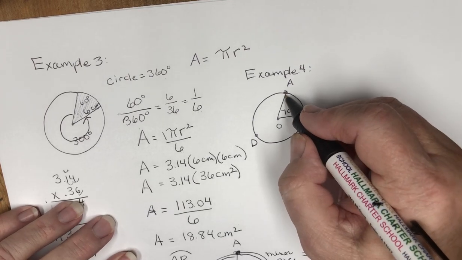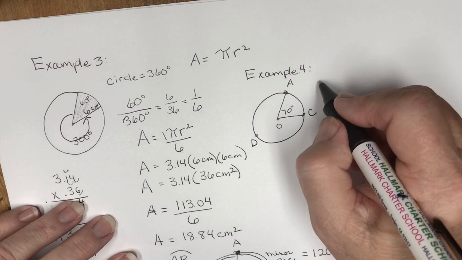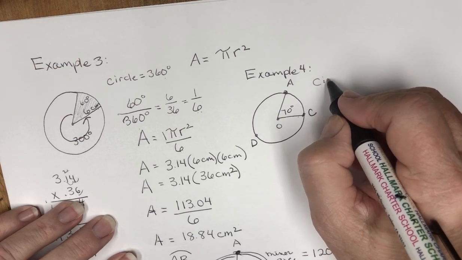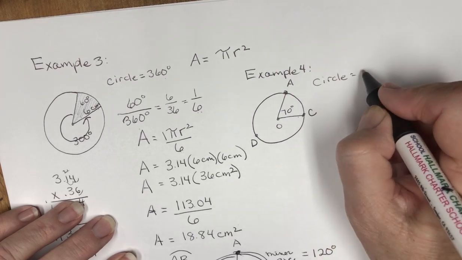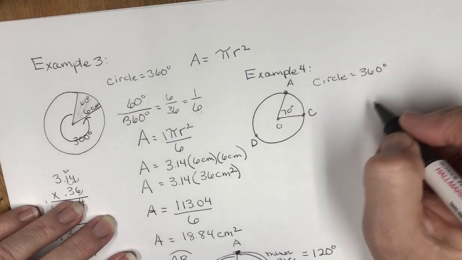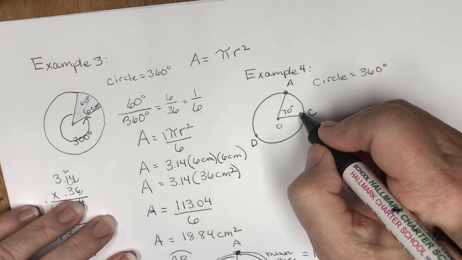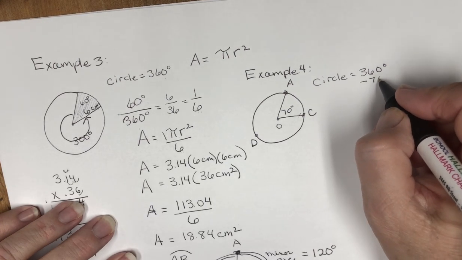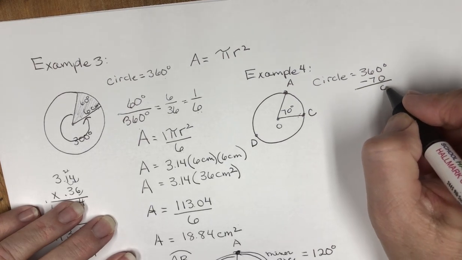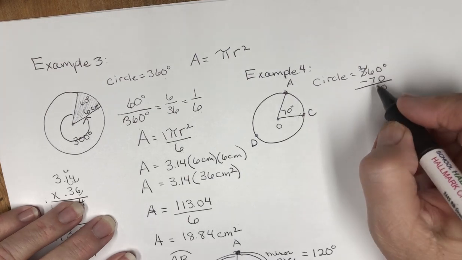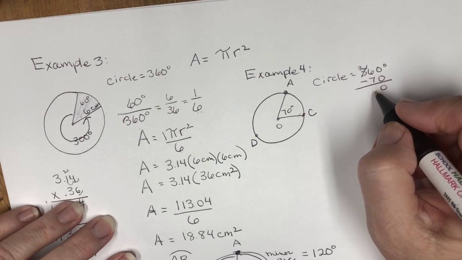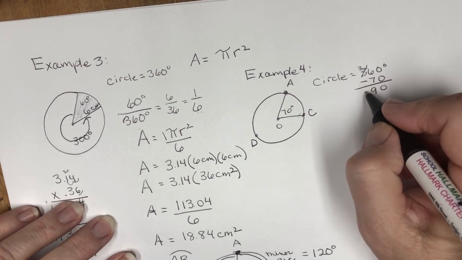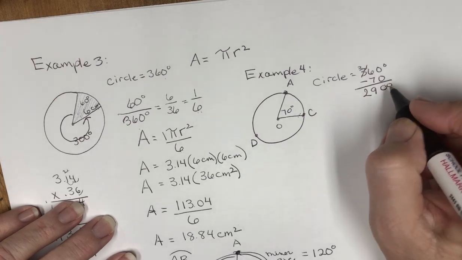Okay, we know that this part of the angle is 70. A circle, a complete circle all the way around, equals 360 degrees. This portion is taken up by this central angle. So if we subtract 70 degrees from this, we will get 290 degrees.